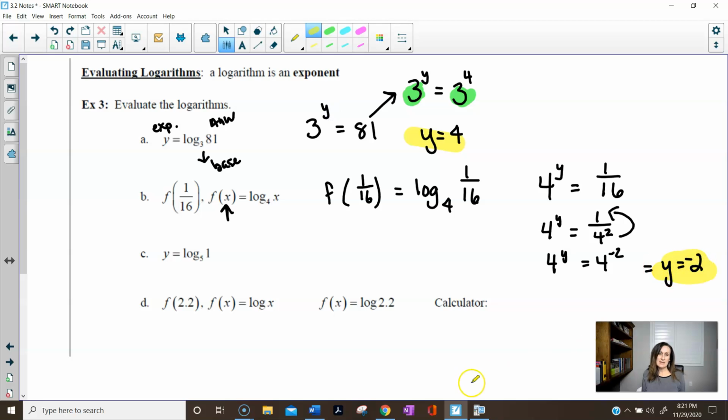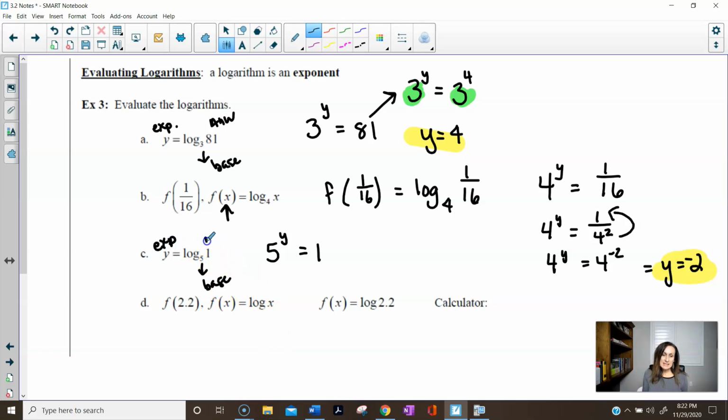Y equals -2. All right, let's look at C. C is log base 5 of 1. And so 5 raised to the y is equal to the answer of 1. So again, 5 is the base. A logarithm is always equal to an exponent.